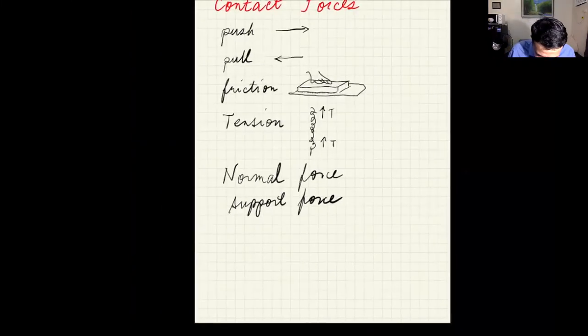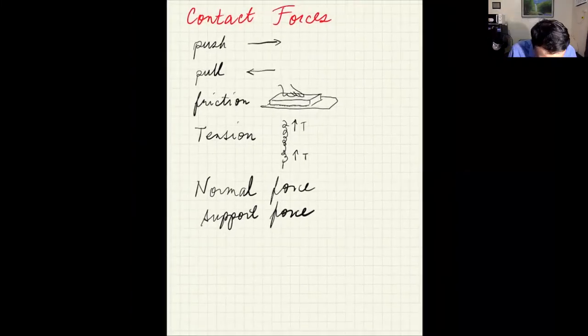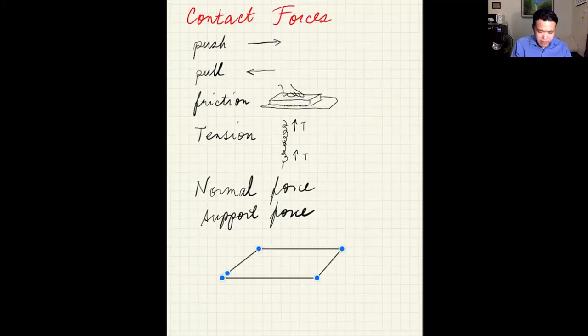So let us draw something here. Let's say you have a table, and then the table has some legs. And then you have a book here. I'm not good at drawing, but anyway, the book has a weight, of course.